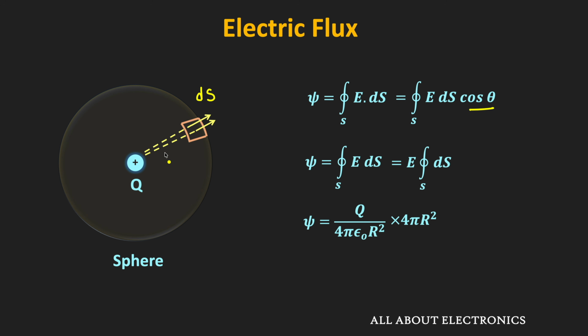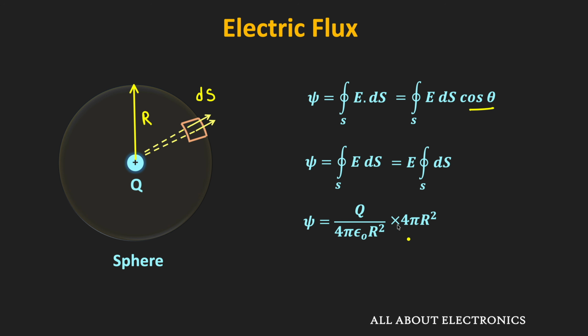Moreover, if you see, then from the origin, any point on the sphere is at the equal distance of r. That means this distance is equal to r. So we can say that at any point in the sphere, this electric field E can be given as q divided by 4 pi epsilon naught times r square.